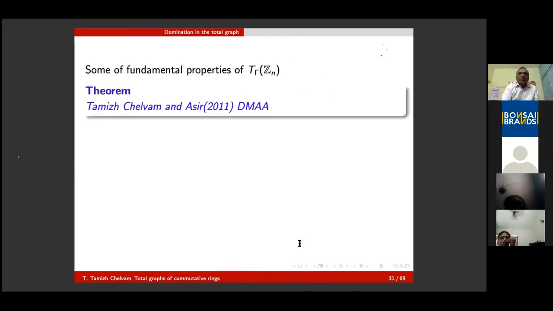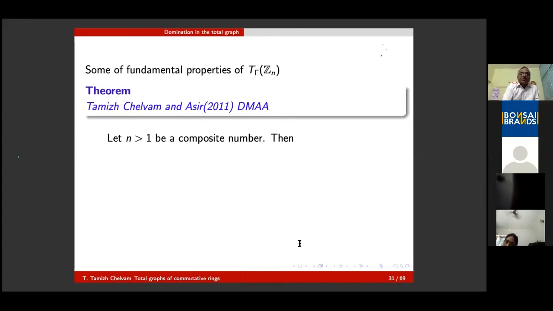Just to highlight some of the properties of this total graph. Participants, please recall that the domination number of the zero divisor graph, more specifically in the case of Zn, the congruence classes modulo n, is nothing but the number of distinct prime factors of n. But in the case of the total graph, it is diametrically opposite.